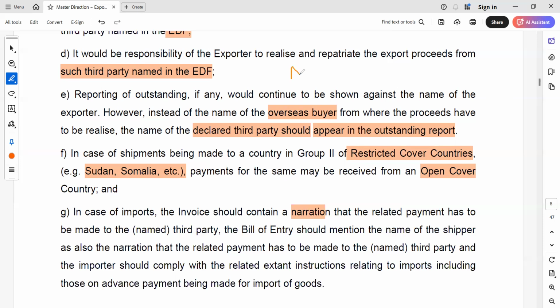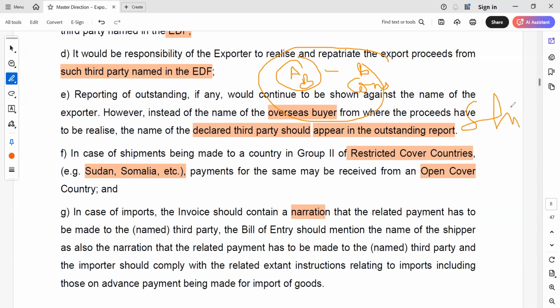Suppose the shipping bill is there, so your company is making export to A, but payment will come from B. So A and B both names should be mentioned. One will be buyer, one will be consignee. Or third party, it can be mentioned as the third party also. So that name should be mentioned on the EDF, export declaration form, that is shipping bill.